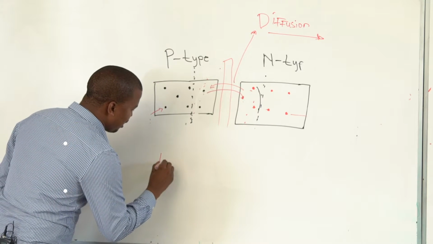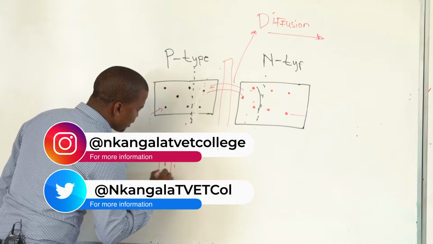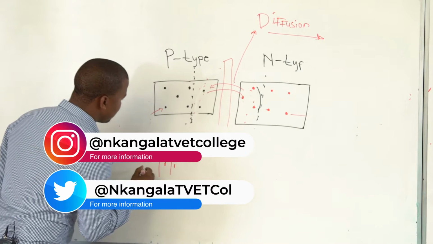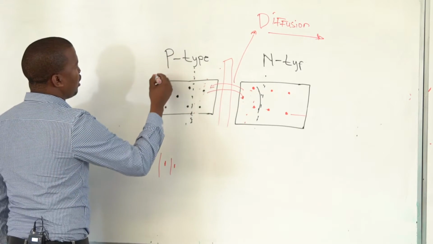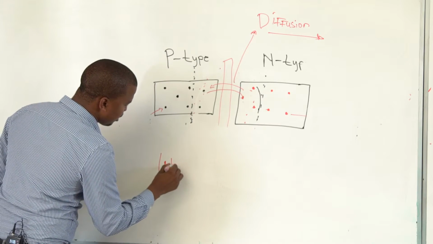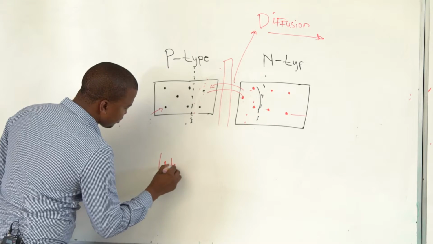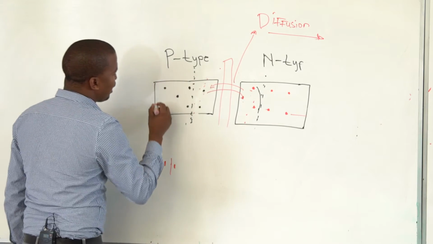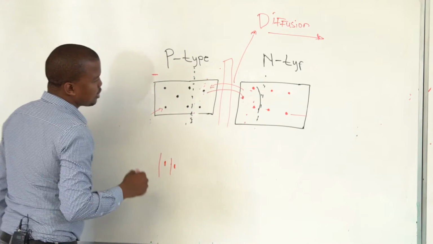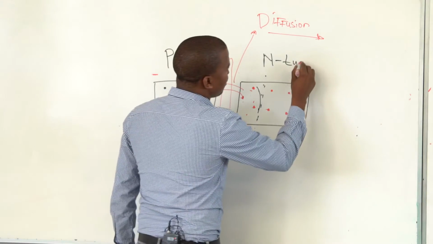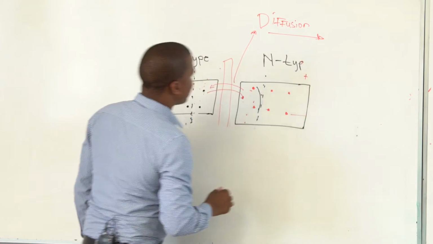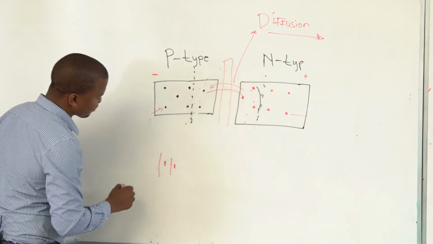Let's power our PN junction. I'm introducing here a voltage source. Remember that a p-type has got what? Negative ions, and an n-type has got the positive ions.